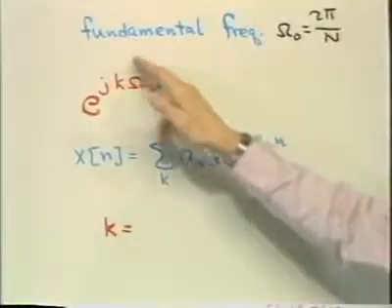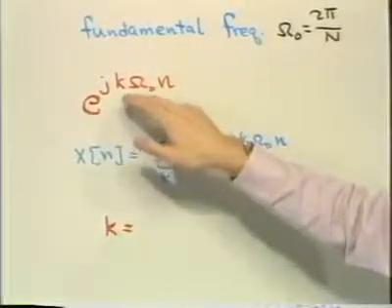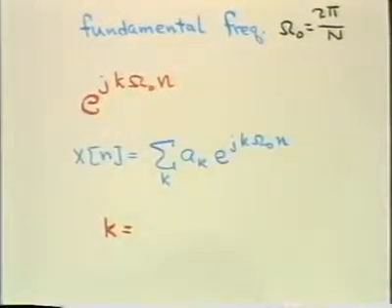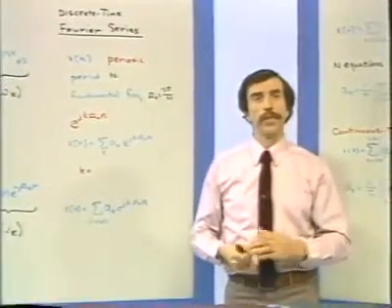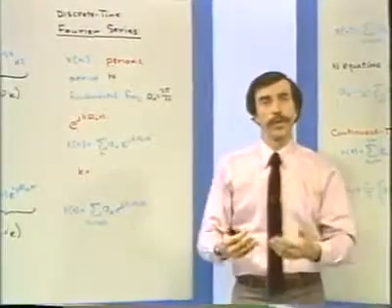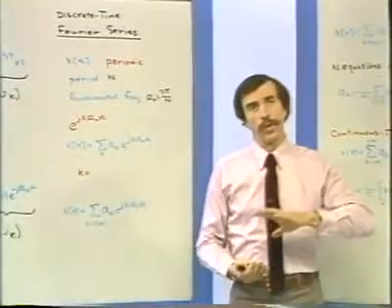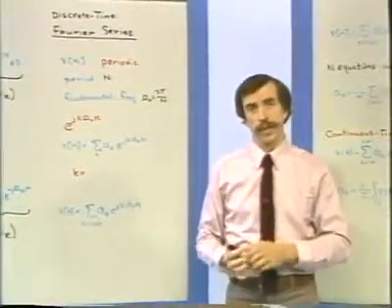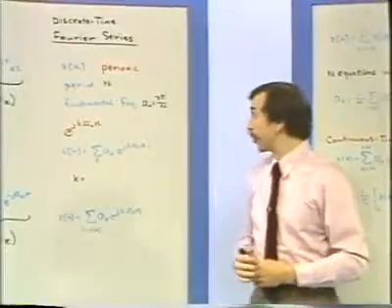So these complex exponentials, as k varies, are harmonically related, all of which are periodic with the same period, capital N, although the fundamental period is different for each of these, each of them being related by an integer amount.